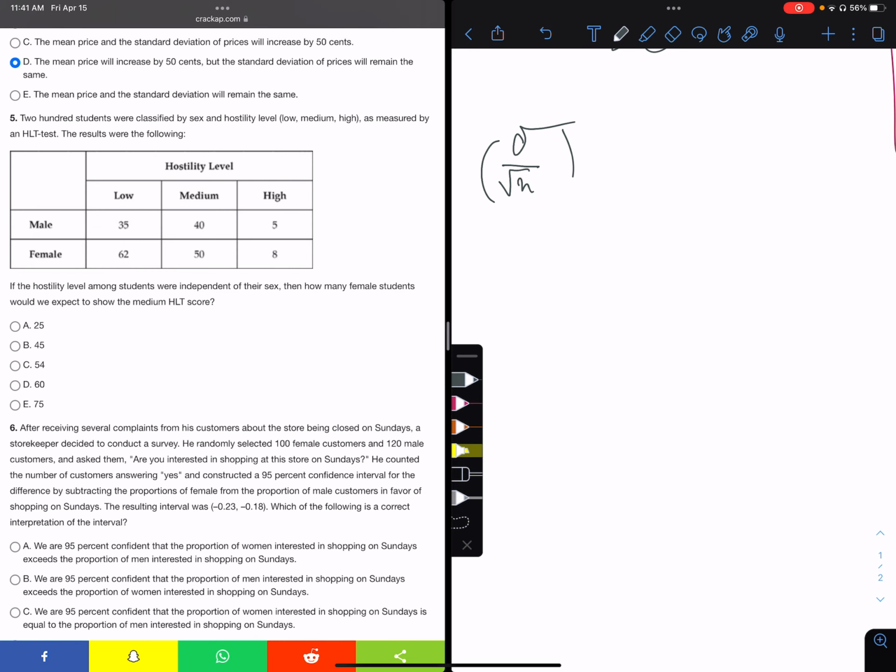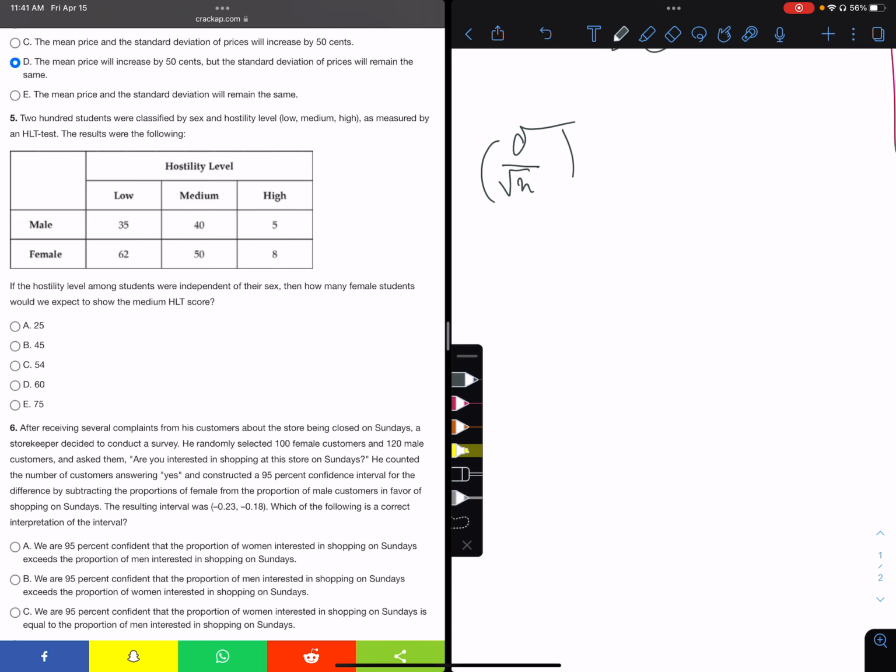Hostility level among students independent of their sex. How many female students would we expect to show the medium hostility score? Medium. Alright. What we have to do is add all these numbers.